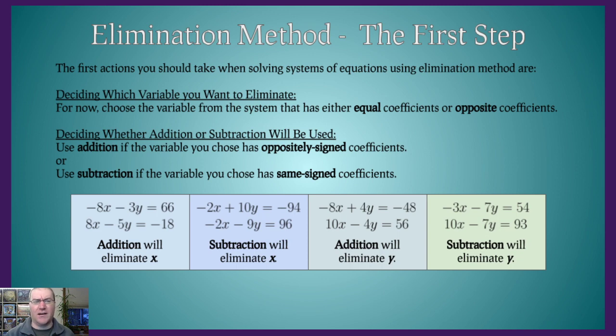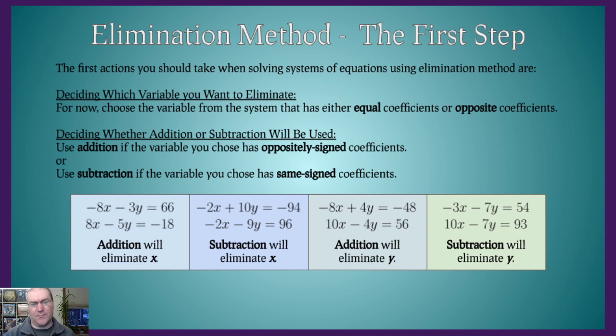So you need to decide whether you want to eliminate the x or the y, and then you need to decide what operation will eliminate them. If the things you're trying to eliminate are oppositely signed, then you should add them to eliminate them. And if the signs are the same in both variables you're trying to eliminate, then you should subtract.